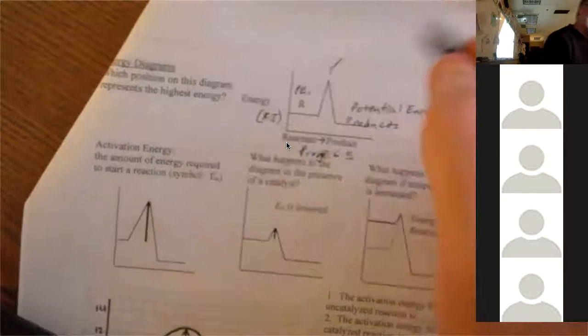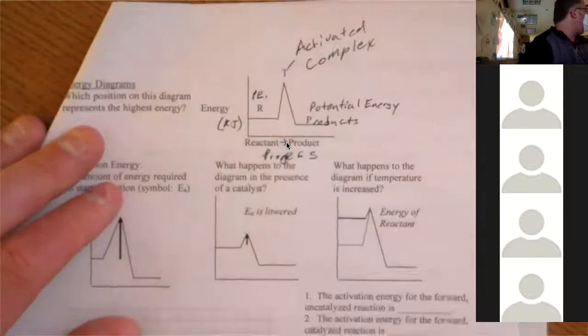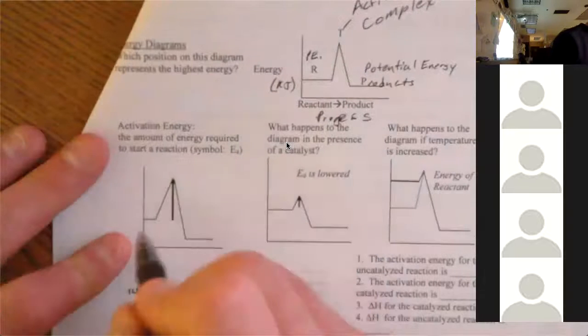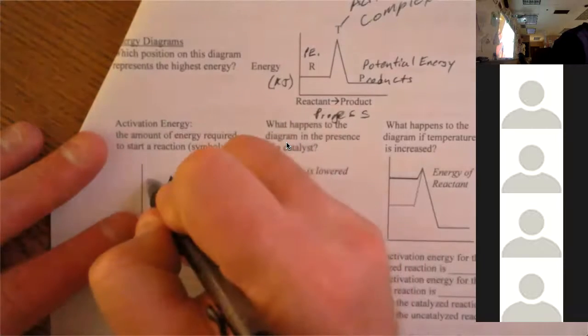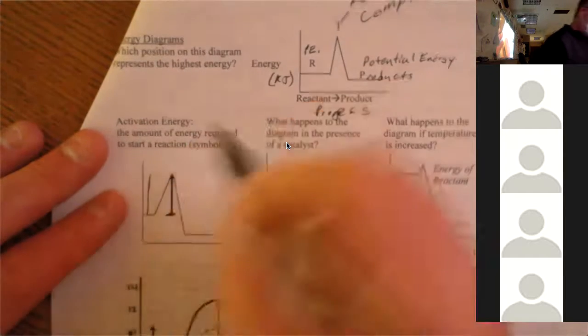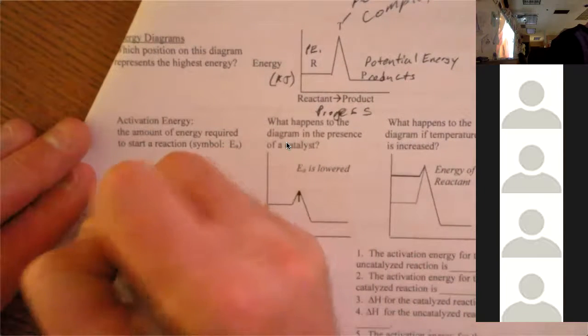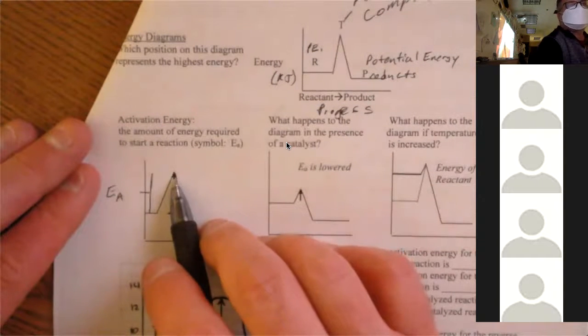This right here is a transition state. You will hear me call this the activated complex or something like that. It's an intermediate state between reactants and products. The activation energy: if our reactants have this much energy, they have to gain that many kilojoules of energy to form that possible successful collision with the activated complex.